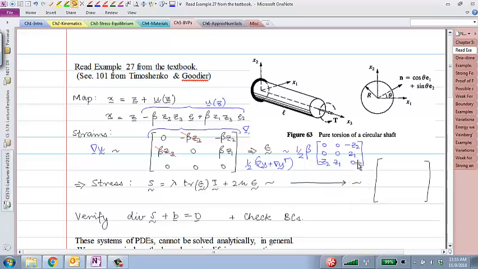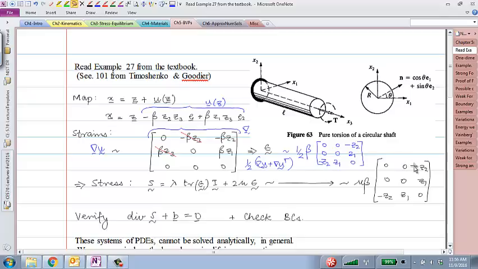Trace of epsilon is clearly 0, so this entire term drops out, right? 2 mu and then half beta just becomes mu beta. So mu times beta, and then epsilon as it is would be 0, 0, minus z2, z1, 0, minus z2, z1, 0, 0. That's my stress field. Clearly, it varies from point to point, as it should.